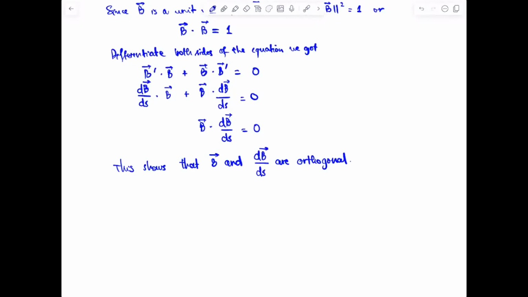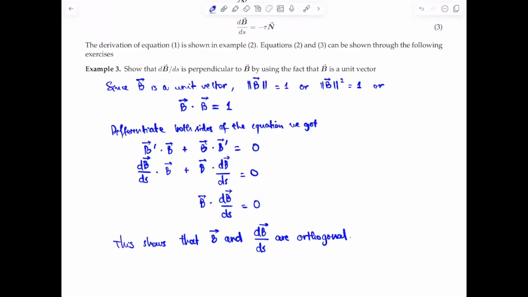Okay, so that's example 3, we just showed that B and dB/ds are orthogonal or perpendicular to one another.